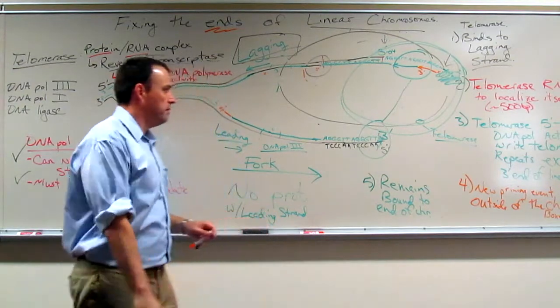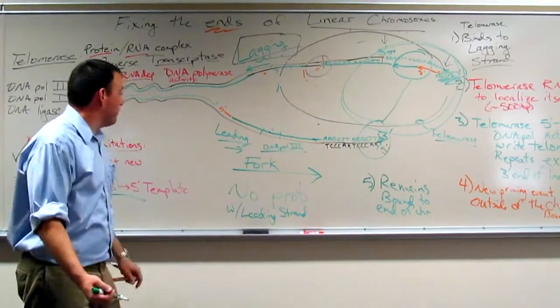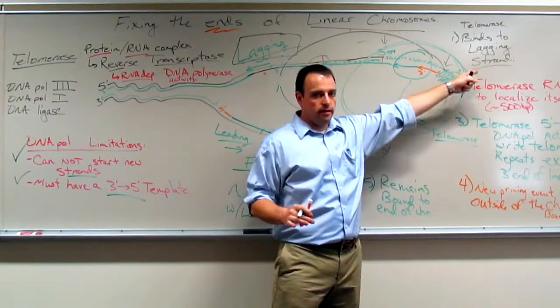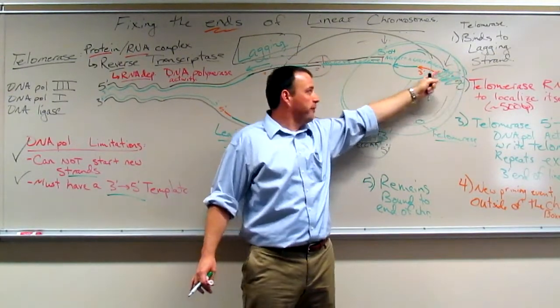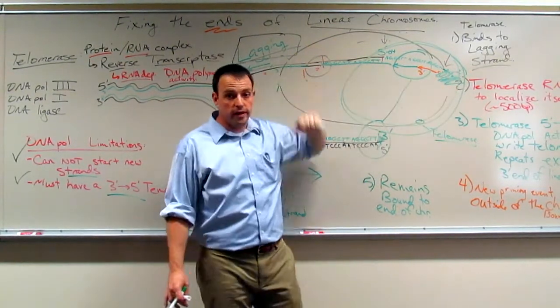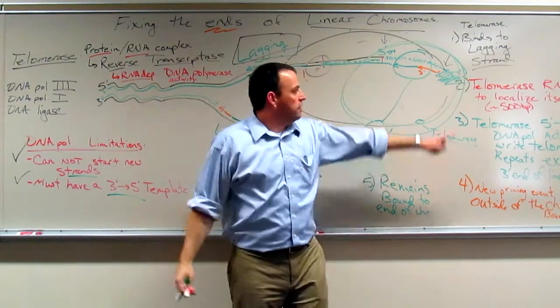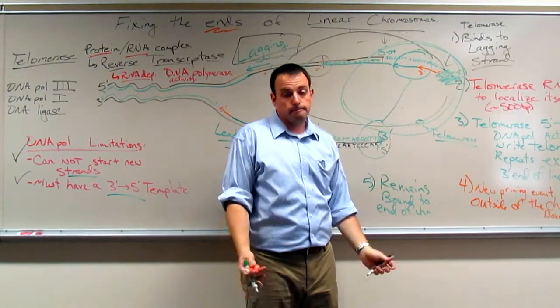So, what do we learn here? We learn it's almost exactly like a regular replication fork, except that we extend the 3' end of the lagging strand only, using telomerase's RNA-dependent DNA polymerase activity so that we can reprime and lay down new DNA coming back.